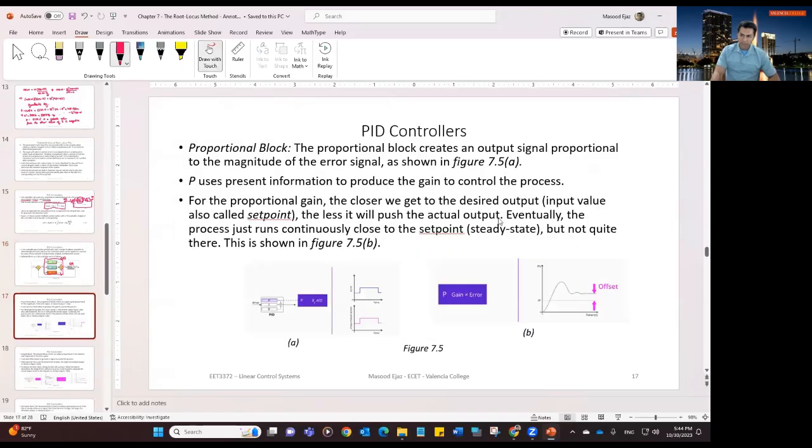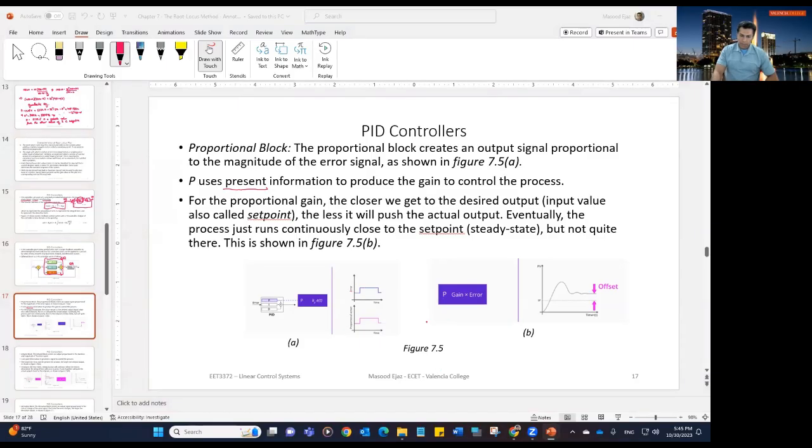So how each of them works, let's look at that. For the proportional block, the output signal is proportional to the magnitude of the error signal, as I mentioned. And the proportional block can also be related to the present information, and it uses that information to produce the output signal.